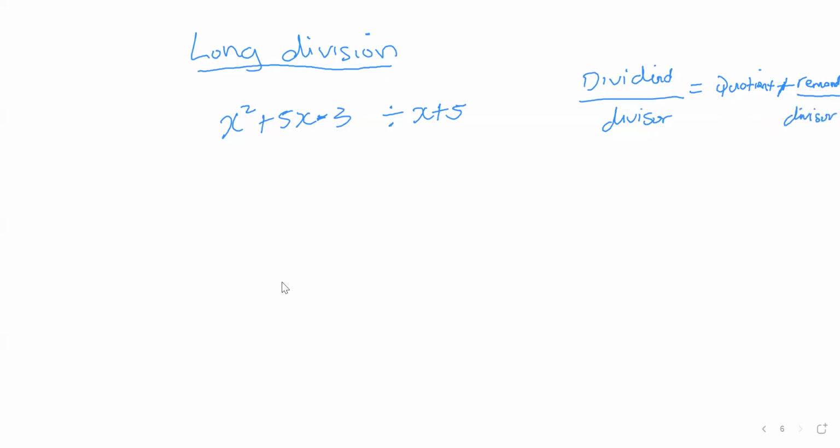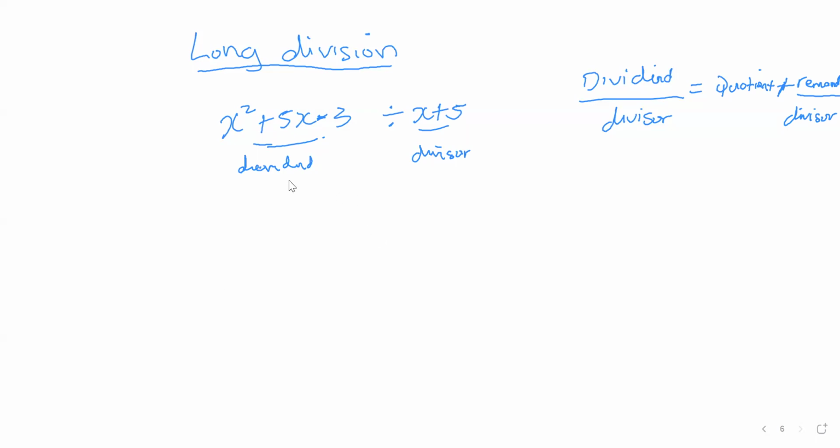This is the form for long division. Dividend over divisor equals quotient plus remainder over divisor. This is called the dividend and this is called the divisor.